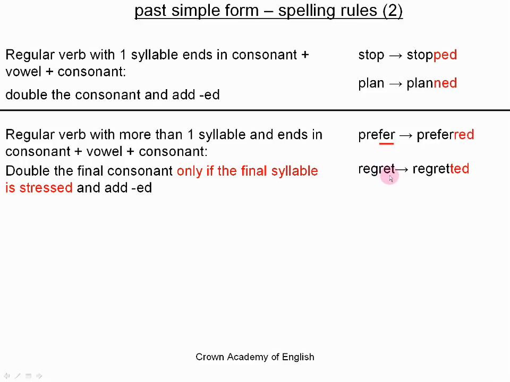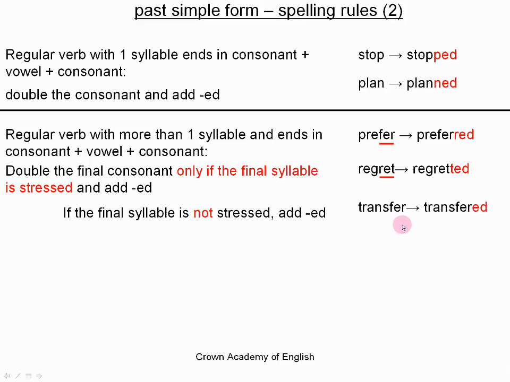It's the same with regret. With regret, we stress the last syllable, the final syllable. That is why we double the consonant and add ed. And if the final syllable is not stressed, then we simply add ed.